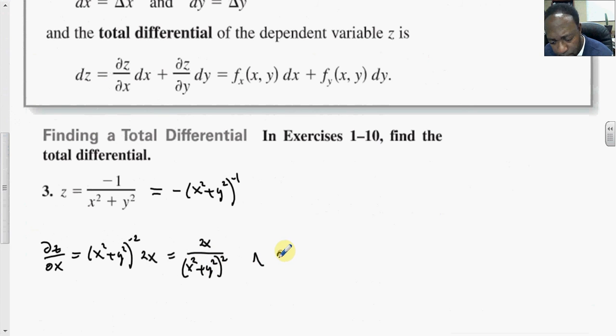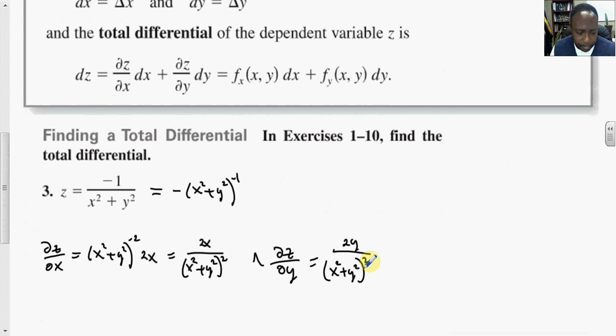Likewise, the partial of z with respect to y would be 2y all over x squared plus y squared to the second.